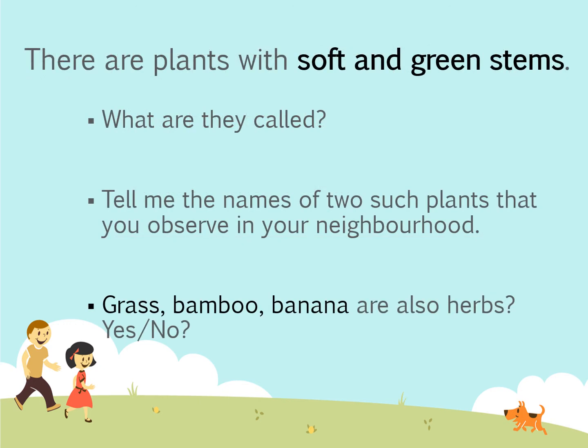Now, there are plants with soft and green stems. What are they called? Children, they are called herbs. You all know about herbs. Herbs are plants which do not have a permanent woody stem and whose one or all parts are used for culinary, medicinal, or wellness and spiritual purposes.